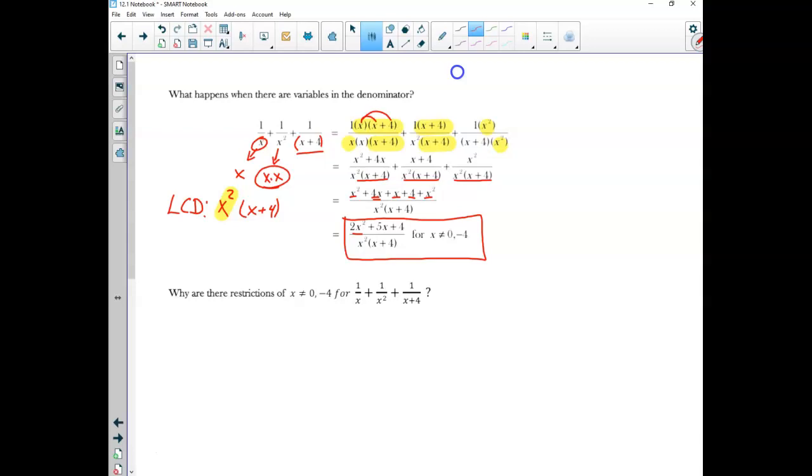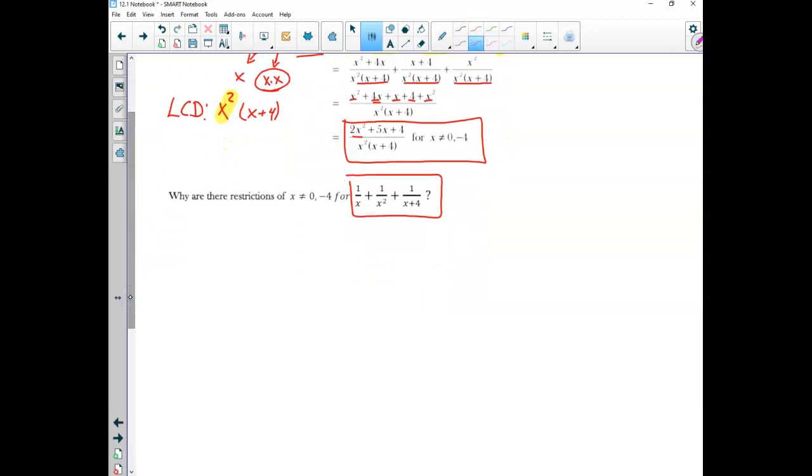So the question is, why are there restrictions of x cannot be 0 or negative 4 for this original equation? Why can't it be there? Well, that is because you can never divide by 0.